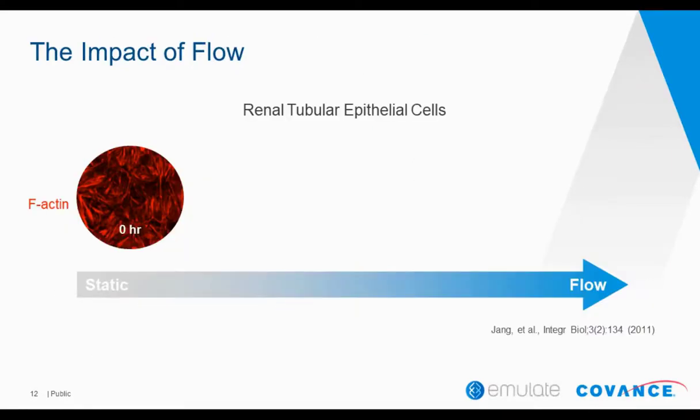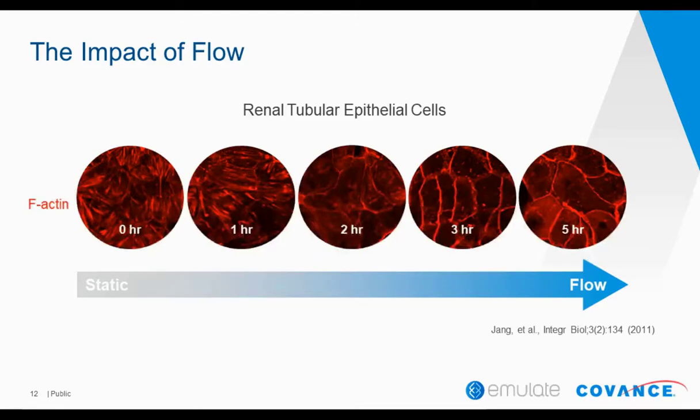Now let's take a look at a specific example of the impact of flow. This is the data from rat collecting duct kidney chip, a different region of the nephron that I studied 10 years ago while developing these organ chips. So under static condition, you can see dense actin fibers covering the entire cytoplasm. However, once we start the flow, you see a significant change within just a few hours, rearrangement of the cytoskeletal structure, especially accumulation of actin filaments at peripheral cell borders.